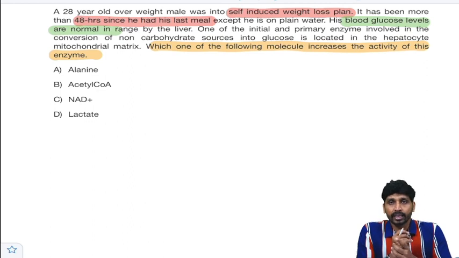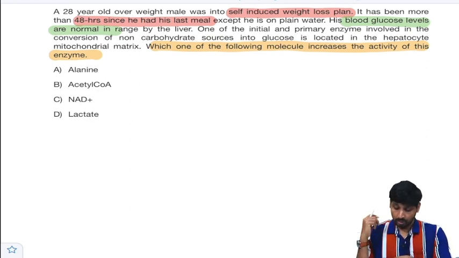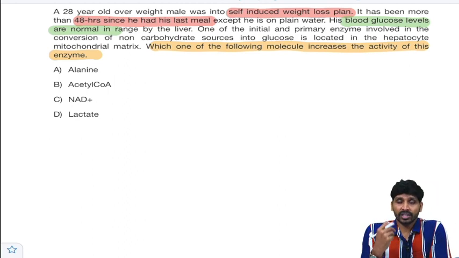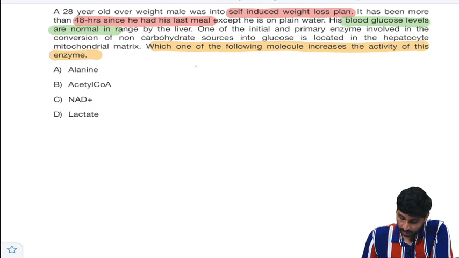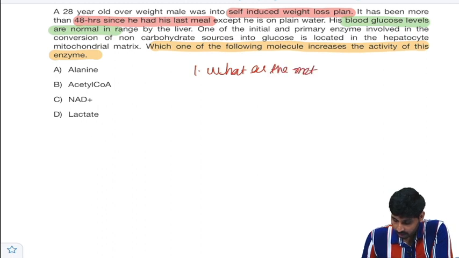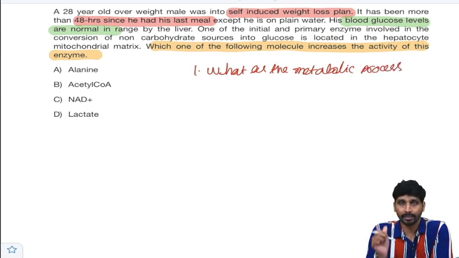Okay, let us begin the explanation, the answer for this question. Before giving the explanation, I want to put 3 points here. One is, what is the metabolic process involved or discussed in the case stem?